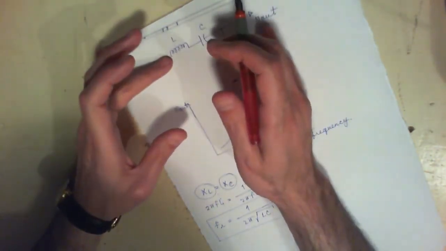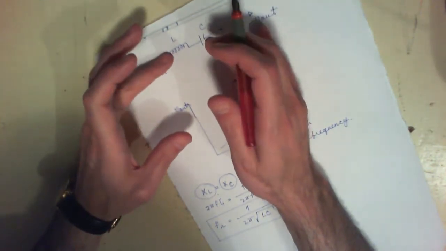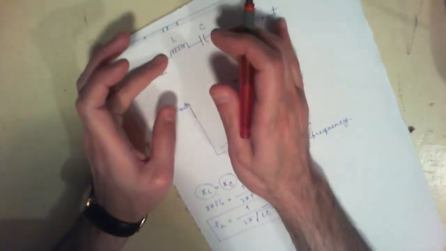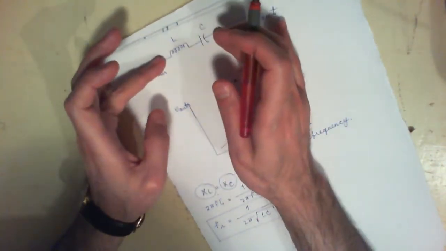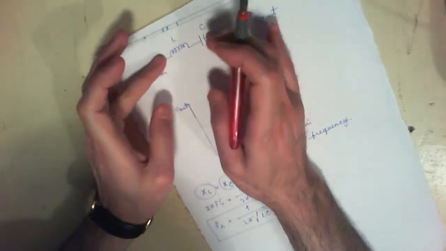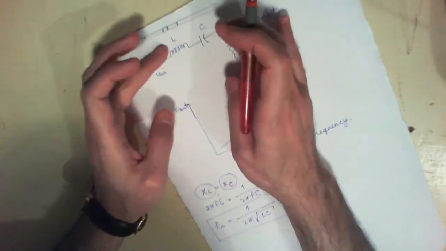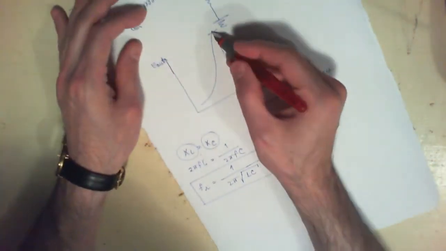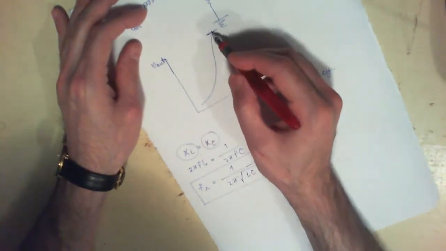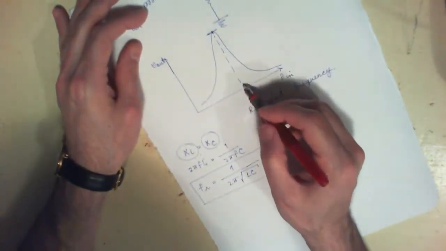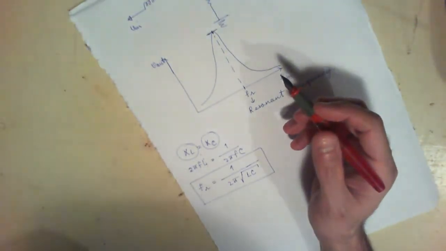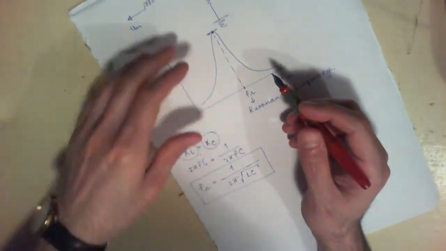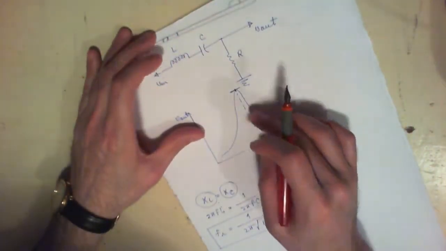Okay, and then what happens is that since the net reactance is at minimum, that means that the voltage drop across these two will be at a minimum, and so the voltage drop across your resistor is going to be at the maximum, and that's basically why this thing happens over here, that you will get a peak in your voltage at this frequency.